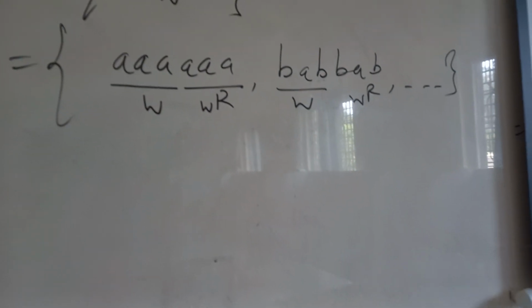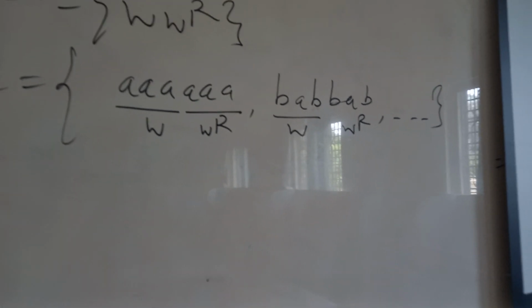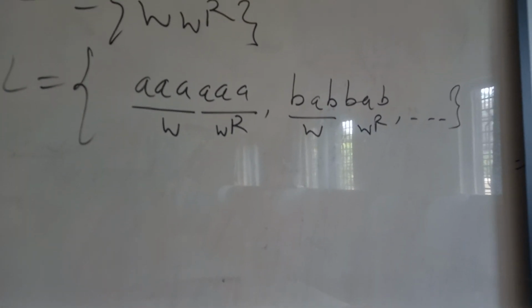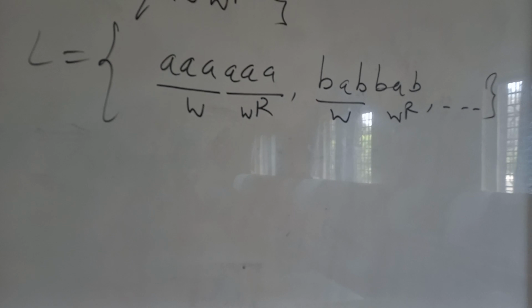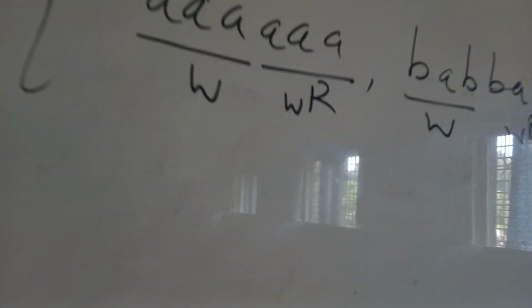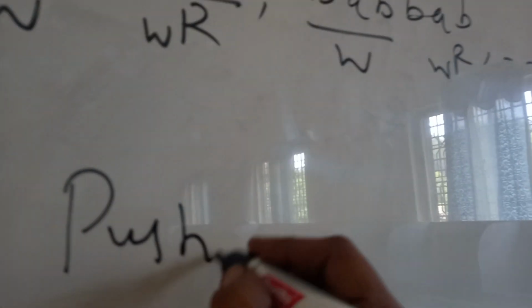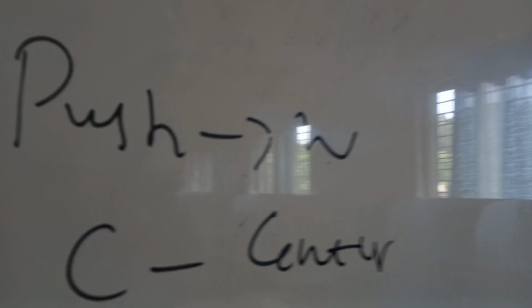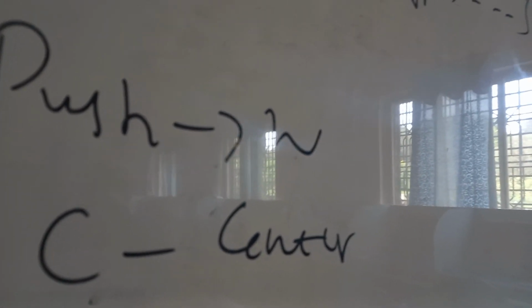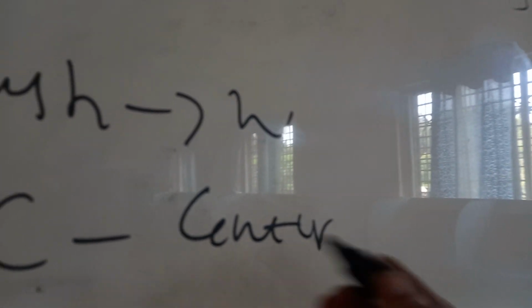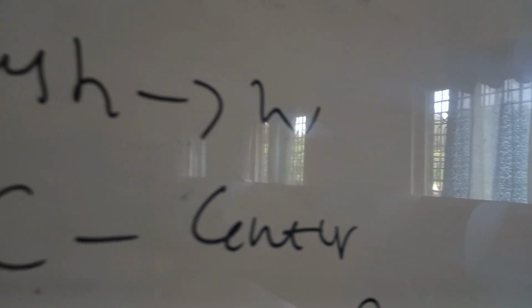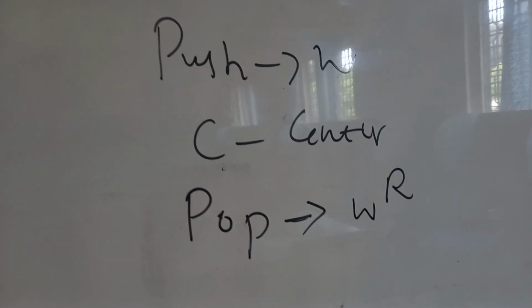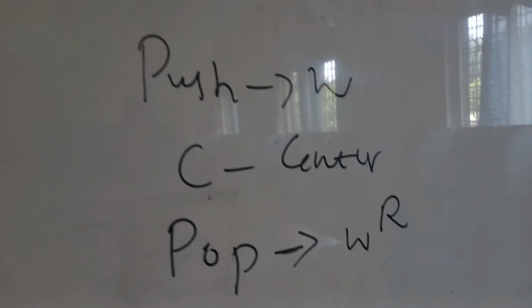Let me recall the logic of the previous language, where the language is w c w to the power of r. There we performed the push operation for w until we got the center point. After that we performed the pop operation after the center point, that is w to the power of r, where you get the palindrome.